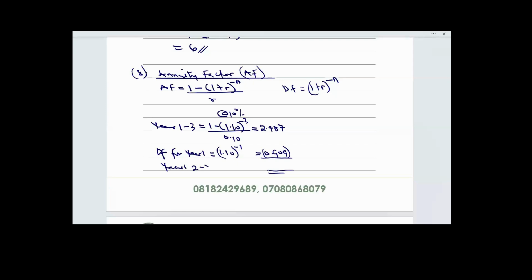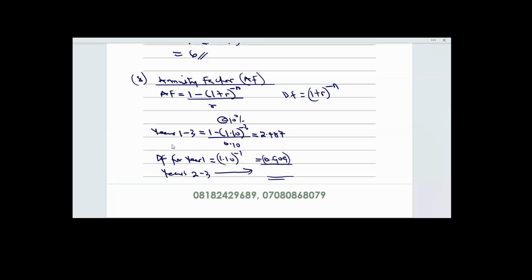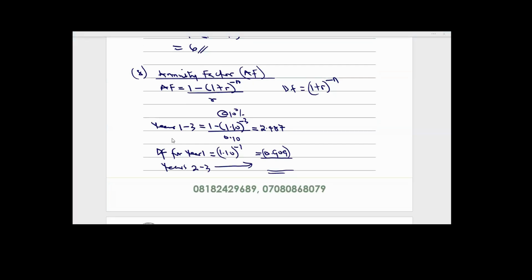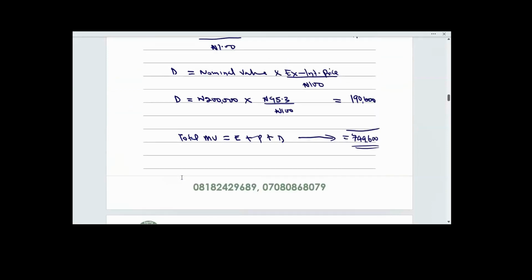So what's the difference? 2.487 minus 0.909 gives 1.578. So that is at 10%. So let's go up there and put it down.